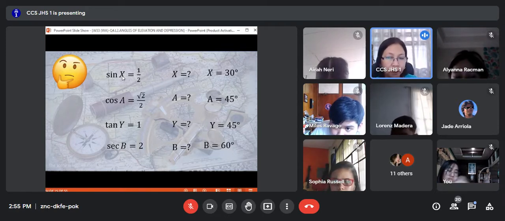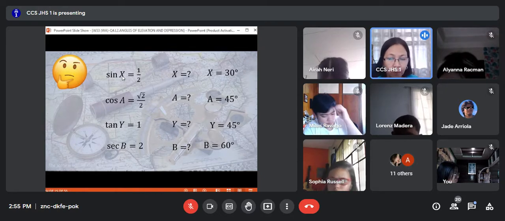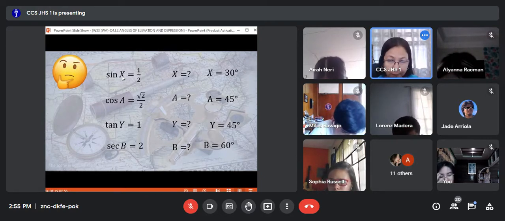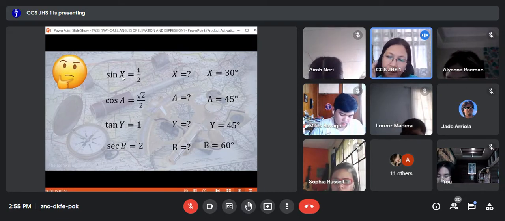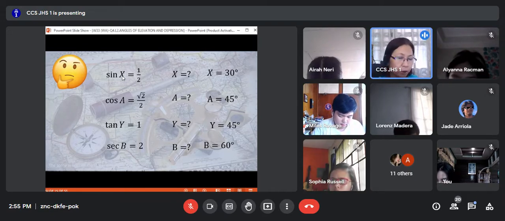We have degrees and radians. So make sure that your calculator is in the mode of degrees. Am I clear? If you did not get 30 degrees, maybe your mode is in radians or gradians. You have to make sure that the mode of your calculator is in degrees.